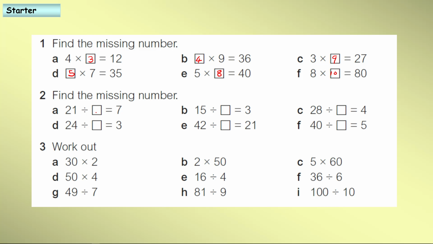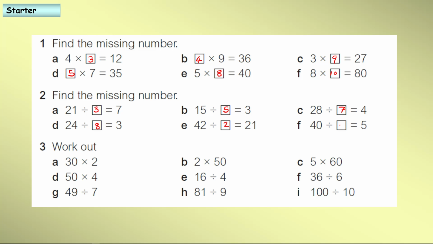Question 2, we got division. So 21 divided by something gives me 7. What could that be? 3. 15 divided by something gives me 3. Should have 5 in here. And in this one, what have you got? 7, good, because 28 divided by 7 gives you 4. 24 divided by 8 gives you 3. 42 divided by, well, if we halve it, so 42 divided by 2 gives me 21.